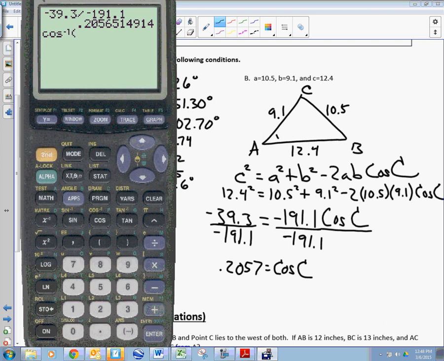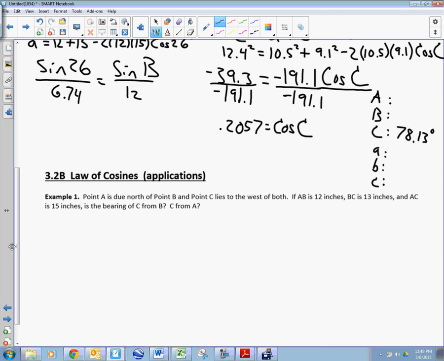So I'm going to cosine inverse that result, and I get 78.13. So we did not end up with an obtuse angle. We ended up with an acute angle. Why can I now just do the law of sines the rest of the way?